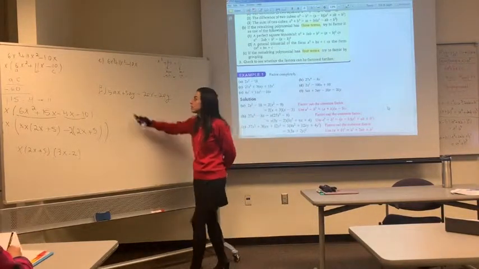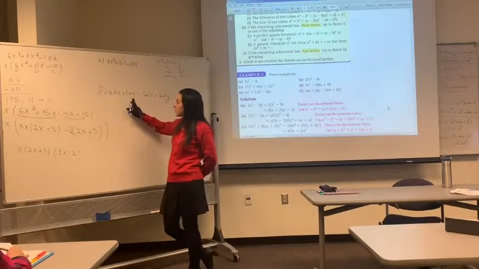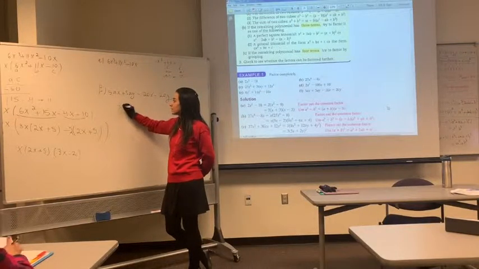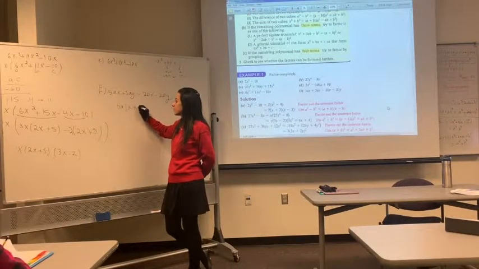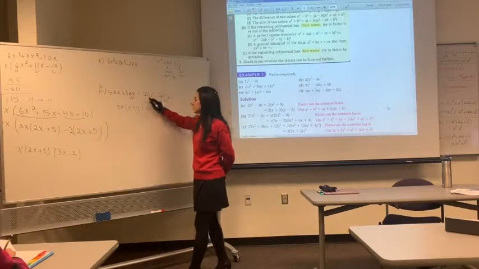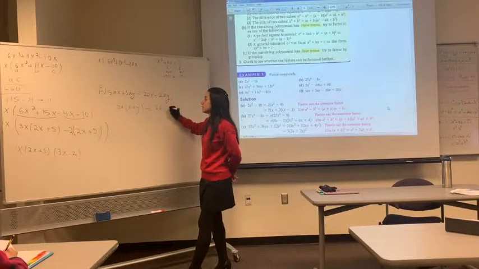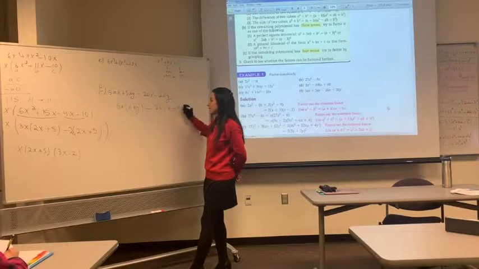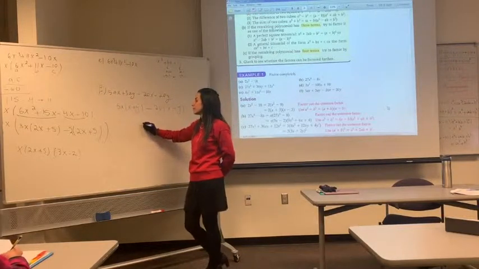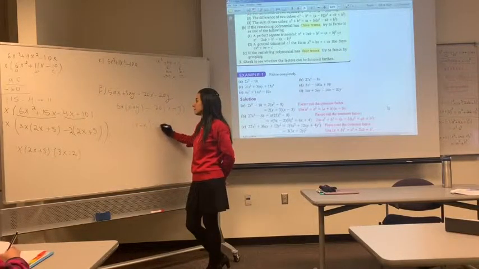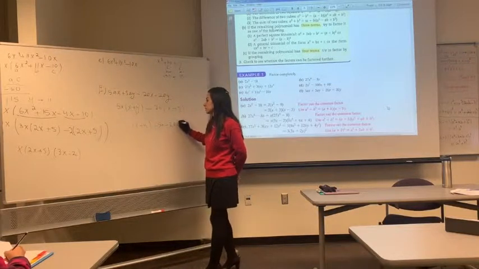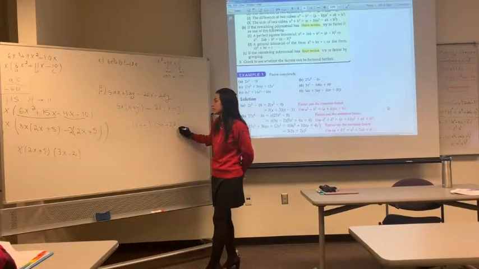The last one, 5ax, 5ay, 5a is common, x plus y, minus 20 is common, x plus y, x plus y is common, 5a minus 20, right?